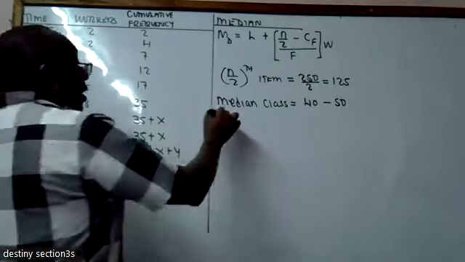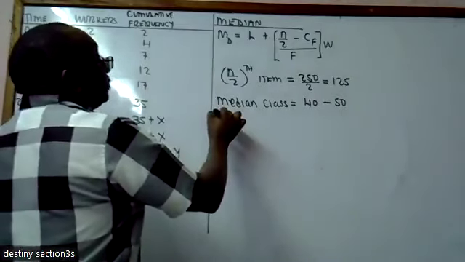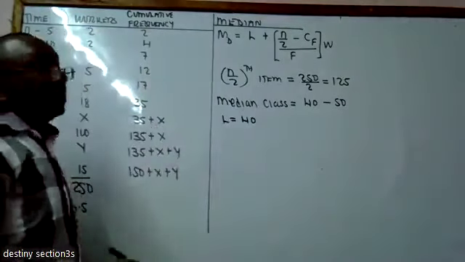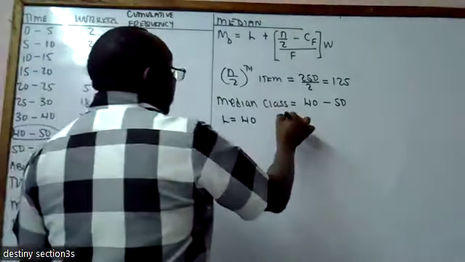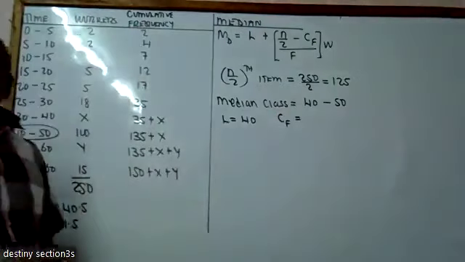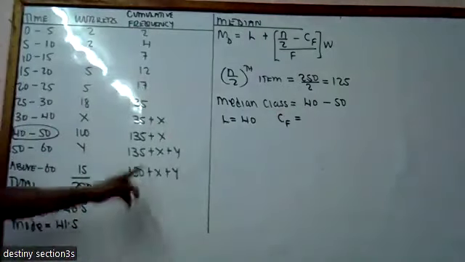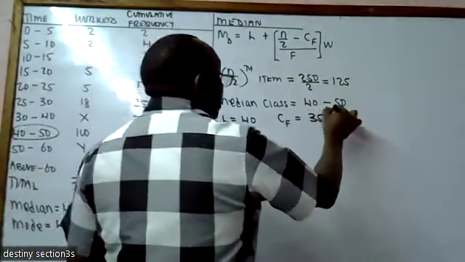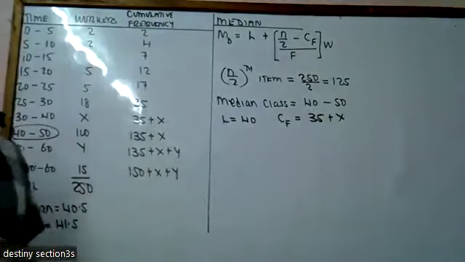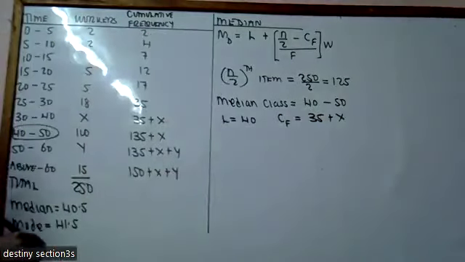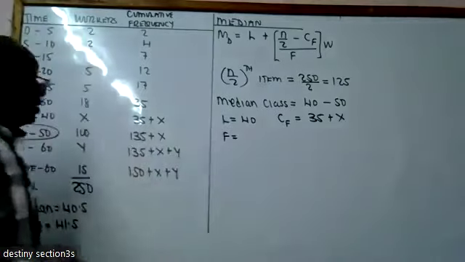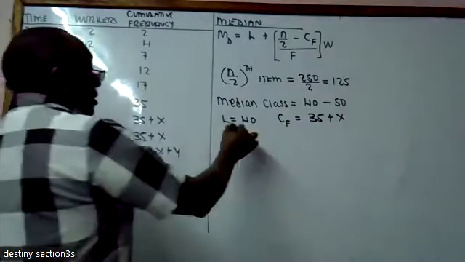Now, L will be 40, that is the lower limit. CF, the cumulative frequency above that, is this one, 35 plus X. Then F, the frequency of that class, is 100.